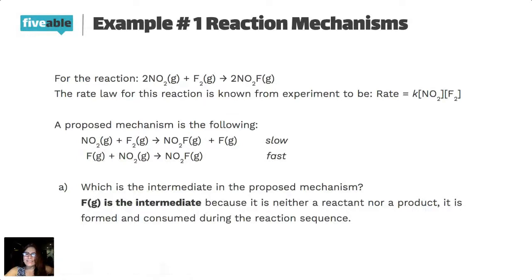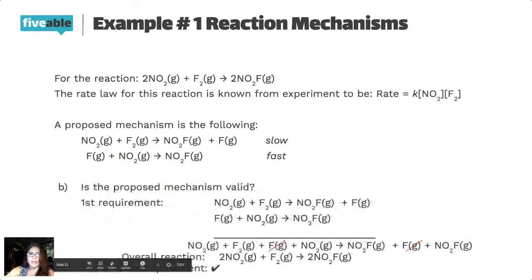Yes, you add the steps, and the steps have to give the overall reaction. That's the first one. And what is the second requirement? Exactly. See if the rate law matches the experimental rate. So let's check the first requirement.